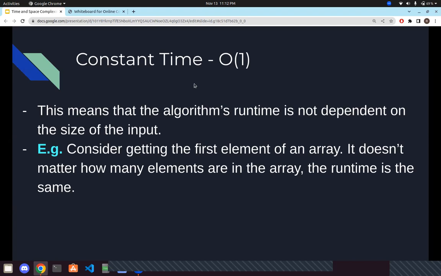The runtime is still the same, assuming the index is within the bounds. For example, if you have an array with 1 element and an array with 1 billion elements, getting the first element still takes the same amount of time. So you see how the algorithm's runtime is not dependent on the size of the input.